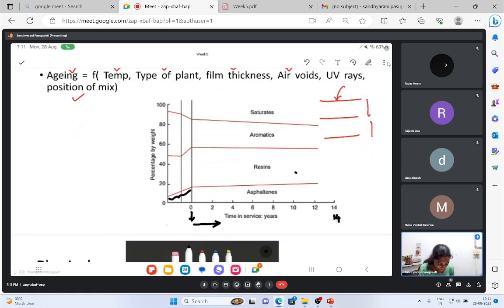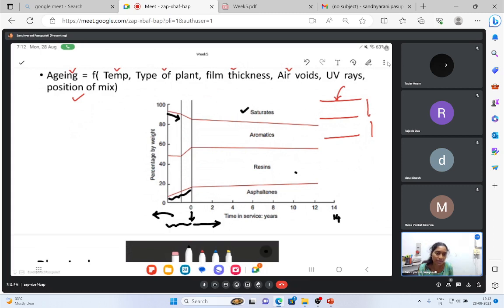So before 0 is the process where we are mixing the aggregates with the bitumen, transporting that mix from the mix plant to the field, and using the rollers to compact. So during this process, what happens? The bitumen is subjected to higher temperatures. When the bitumen is subjected to higher temperatures, the saturates and the oils, which are lighter in fraction, their amount will be reduced.